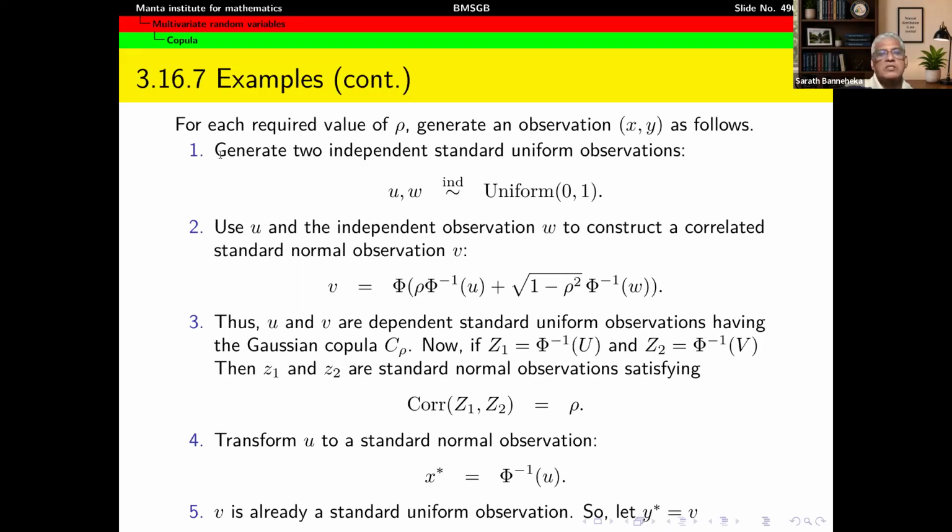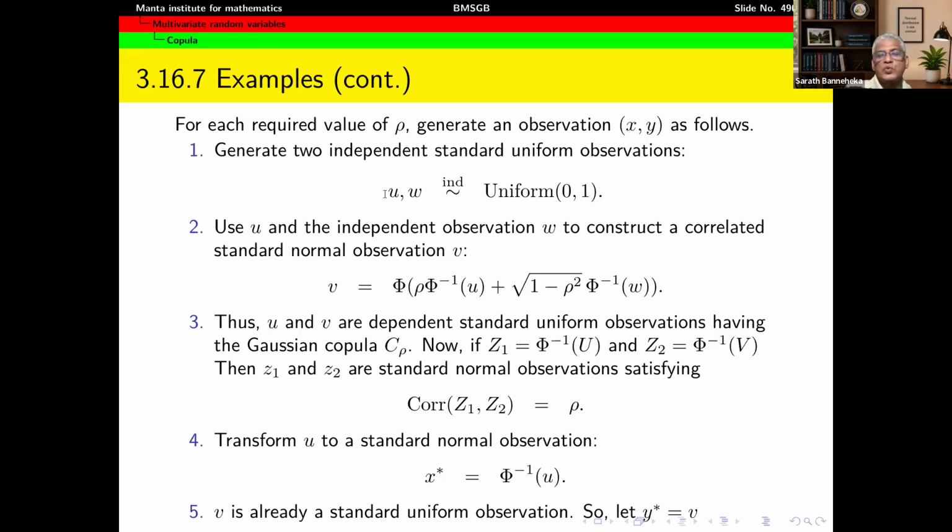So first thing, as explained earlier, generate two independent standard uniform observations. That means U and W are coming from the uniform 0, 1 distribution. And then obtain a V using this equation.